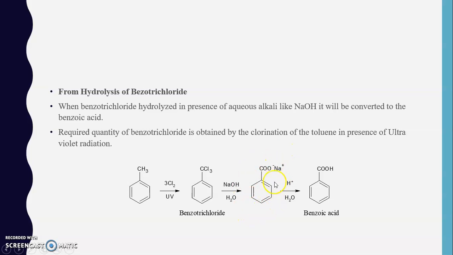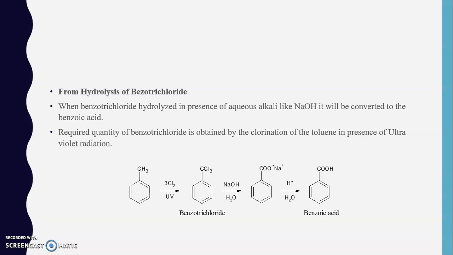Sodium benzoate is the sodium salt of benzoic acid, and as it is water soluble, on treatment with acid it will be converted into benzoic acid. If a strong acid is used, the sodium will combine with the strong acid and the benzoic acid will be free from the sodium salt. In this way, this method is used for the preparation of benzoic acid.